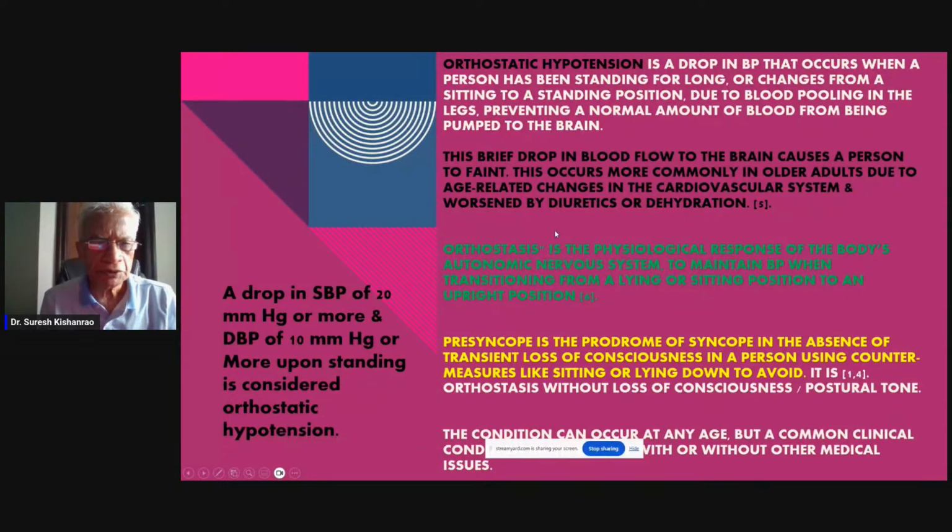The general criteria we use is a drop of 20 millimeter of mercury in systolic pressure and 10 millimeter of mercury in diastolic blood pressure from sleeping or sitting to standing position. If that occurs, we diagnose it as orthostatic.